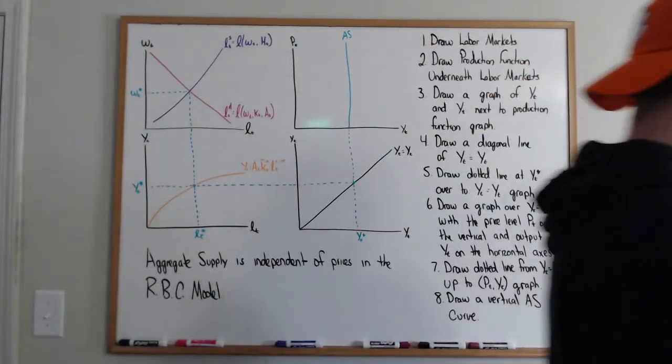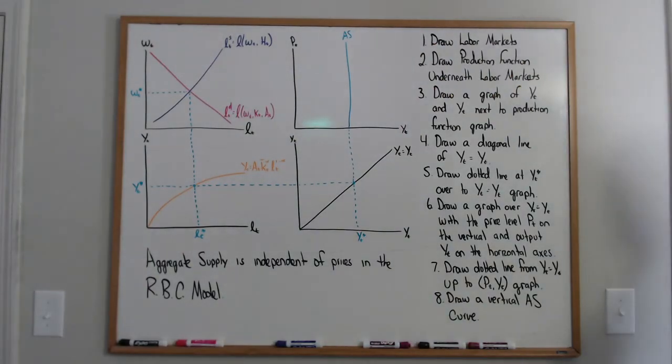Aggregate supply, AS, is independent of prices in the RBC, real business cycle, model. So this captures the supply side of the economy.